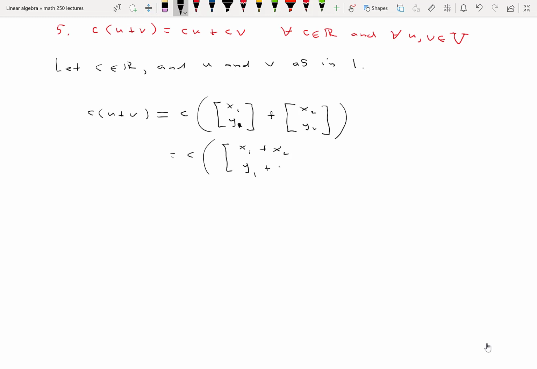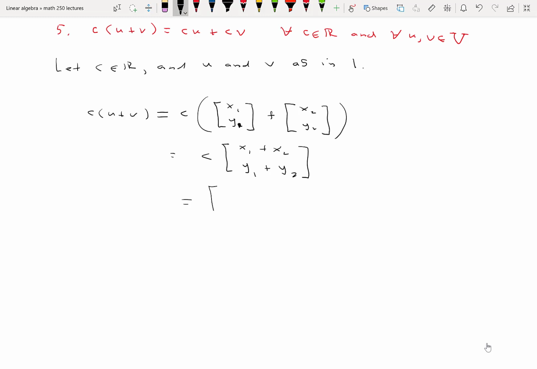Well, this is the definition of our addition, ordinary matrix addition. Not only that, I have the definition of scalar multiplication as the ordinary definition of scalar multiplication of matrices. Now I'm going to get rid of a couple of parentheses here because they're not necessary. Once I add those two matrices together, there's no need for the parentheses.